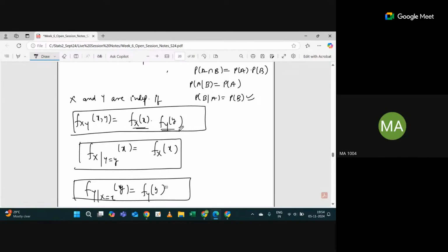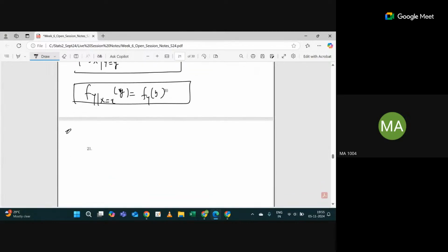And the same way, if I'm interested in calculating the conditional probability, in the next session I will try to come up with a question on conditional probability. So how will you define the conditional density? Probability of A given B is nothing but probability of A intersection B divided by probability of B. So let me define the conditional density here.